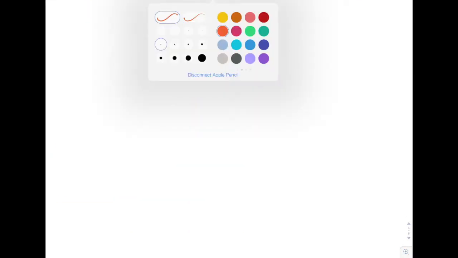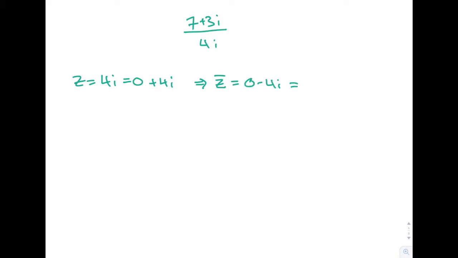So if we have the complex number 7 plus 3i over 4i. Essentially we're saying, let z equal 4i, which, including the real part, is 0 plus 4i. Then this would imply that z bar equals 0 minus 4i, which just equals negative 4i.